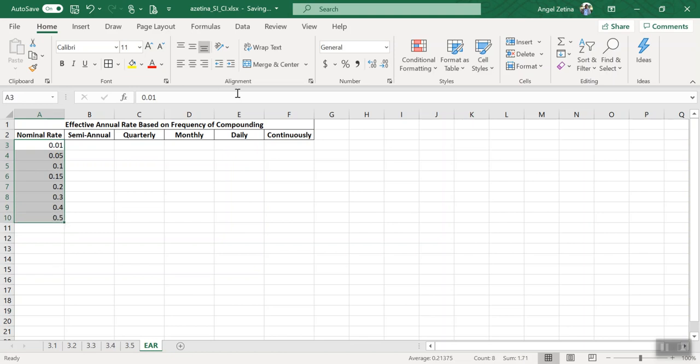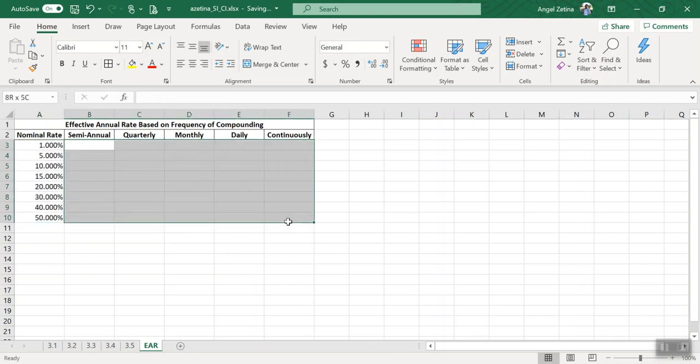We then format the cells to percentage and we get the corresponding rates. We can increase the decimal place to 2 decimal places or 3 decimal places. We're going to be using 3 decimal places here for each one of these. Right, so we're going to format them likewise.